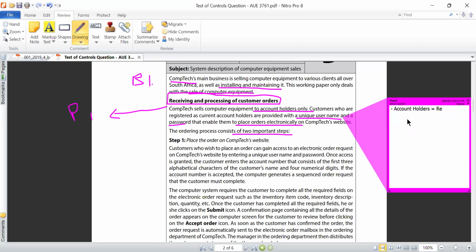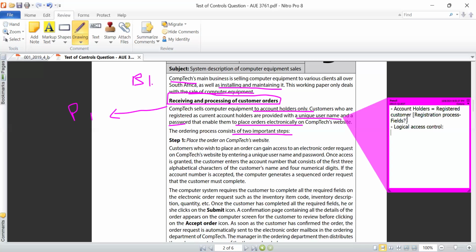For you to be an account holder, it means you are a registered customer on the company website, meaning there's a registration process that is followed. Now we want to understand, on the registration process that is carried out, what fields you need to complete. And on those fields, we want to test what kind of controls they would have in those respective fields. But another thing I can pick from that, they mentioned something about logical access.